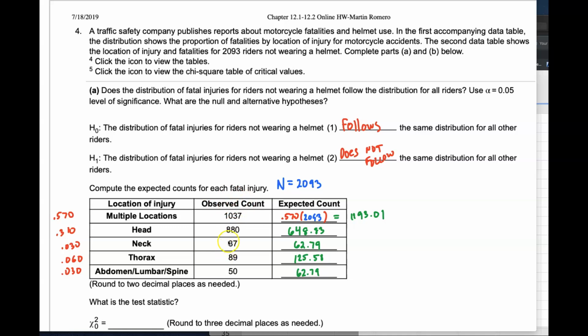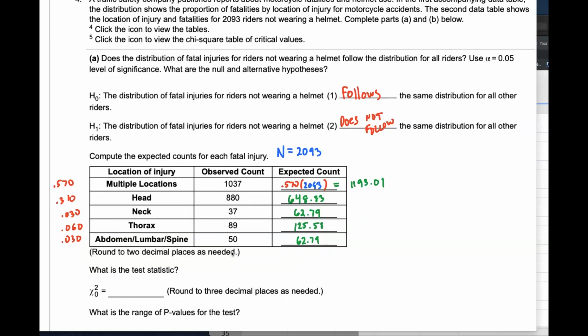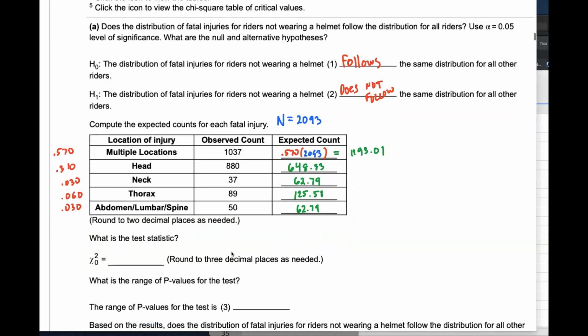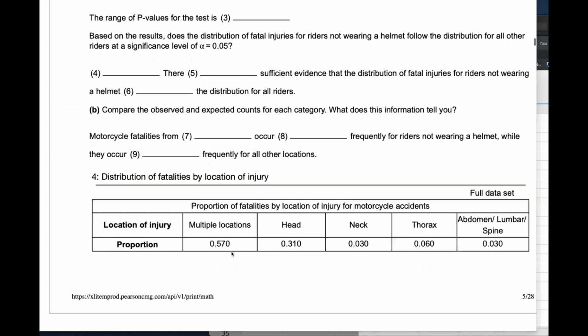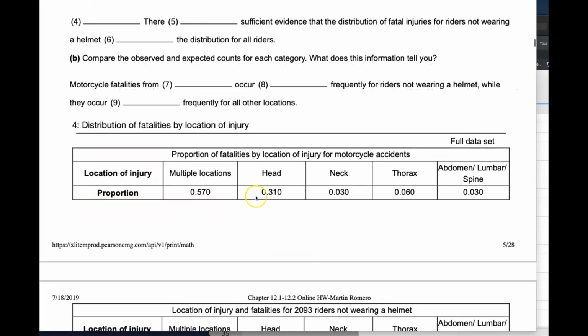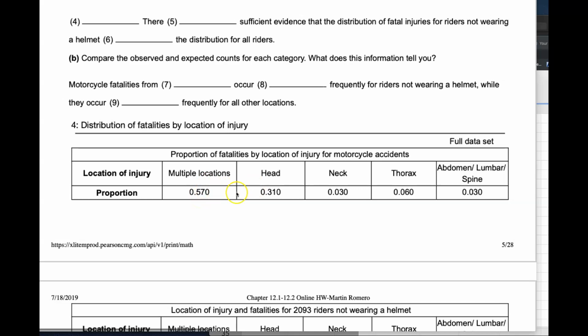This is the distribution for not wearing a helmet. And what we want to know is, is not wearing a helmet a reason why people die more than the normal percentage, or proportion, of people who die in these locations, right?